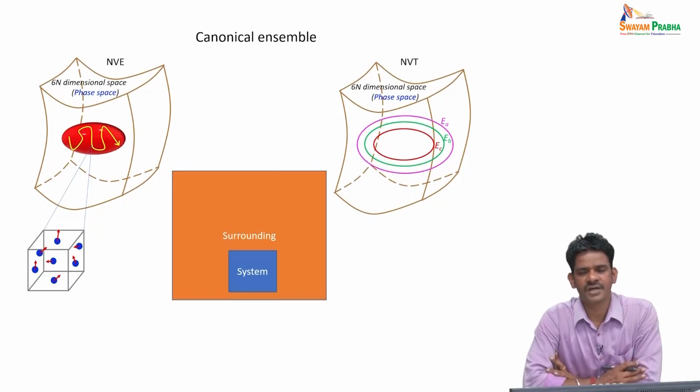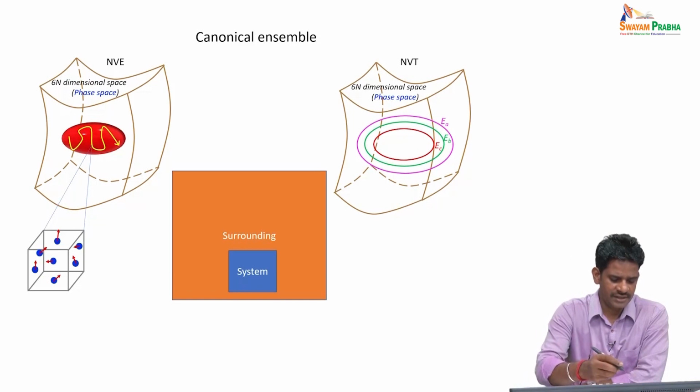Before we proceed further, let us look at what we mean by constant energy simulations and constant temperature simulations in terms of the phase space and the configurational degrees of freedom.